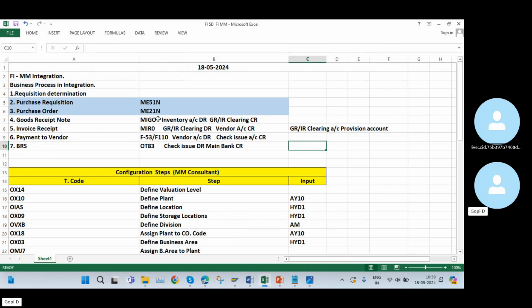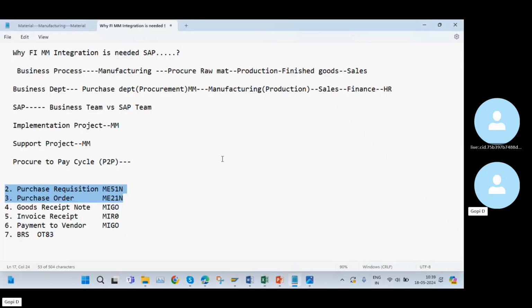Okay. So these are the things we need to know before we go into the FI-MM integration. And why is the FI-MM integration needed? The procurement things are taken care of by the MM or procurement department.